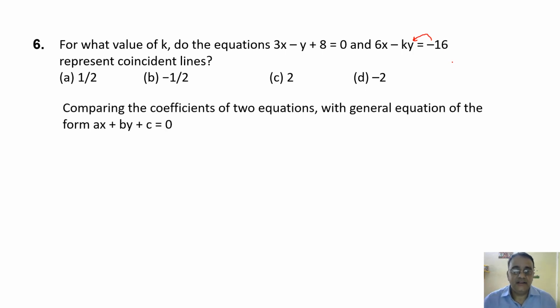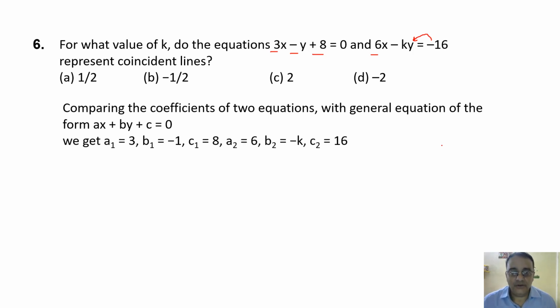Comparing with the general equation, we get a1 is 3, b1 is minus 1, c1 is plus 8, a2 is 6, b2 is minus k, c2 is plus 16.